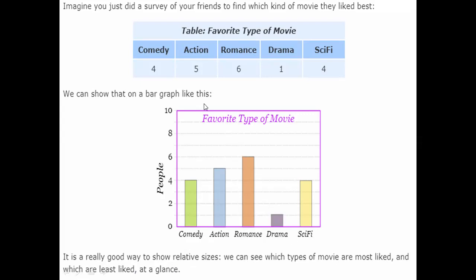So immediately you can correlate here. But in the table, it will be difficult. You have to go through the numbers. If it is 5, 6, 7 it's okay, but if it is in hundreds, thousands, lakhs, you have to think. But in a graphical presentation, you can get the idea immediately at a glance.